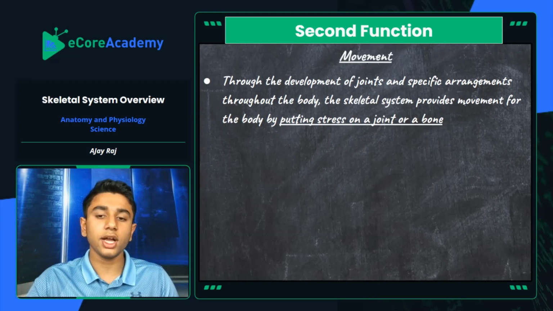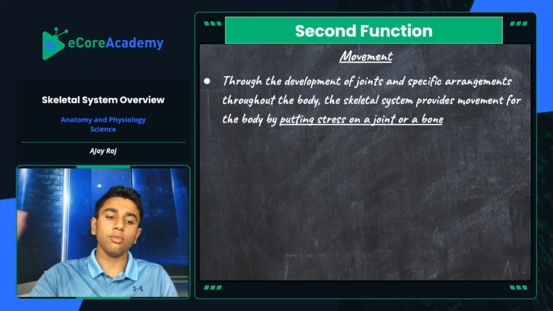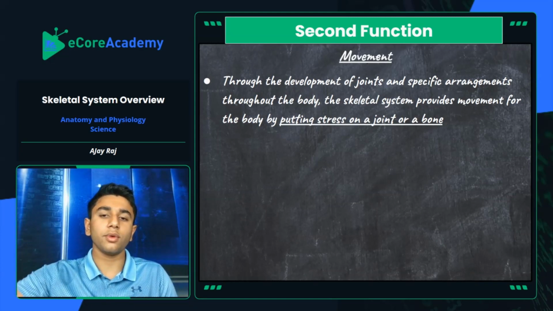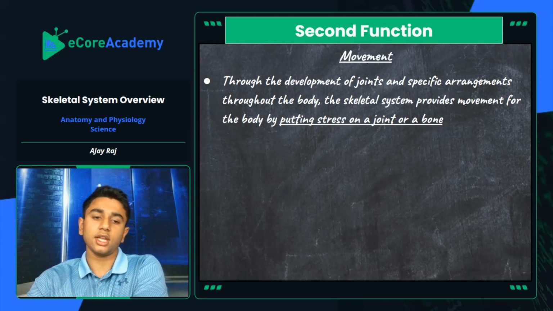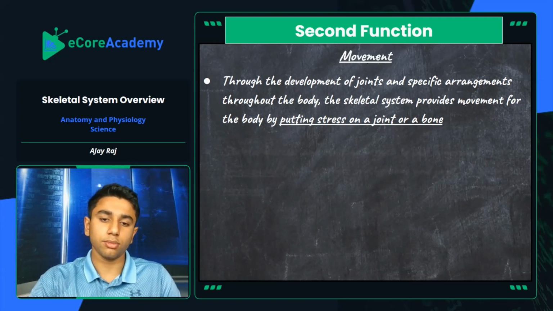So it'll utilize its muscles or tendons and any other parts of the body to actually put stress on a joint or a bone, to contract it, move it, extend it, all different ways, by utilizing those muscles to pull and extend bones away from their central point.